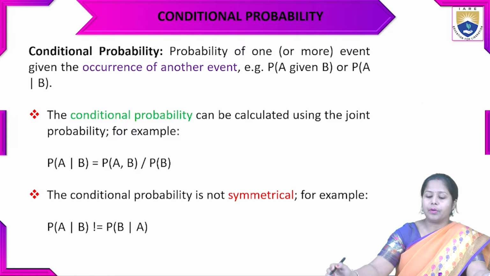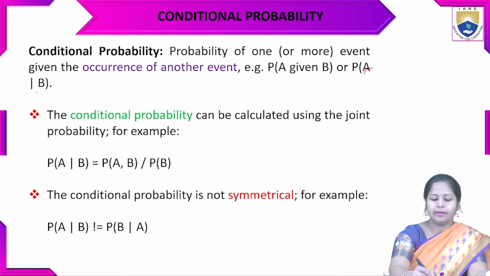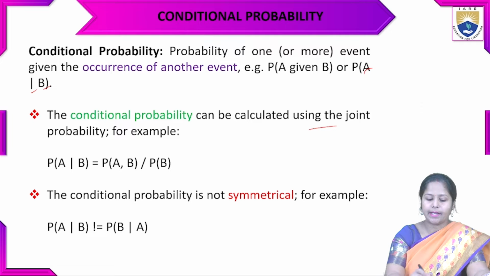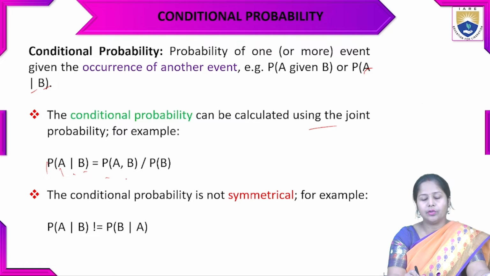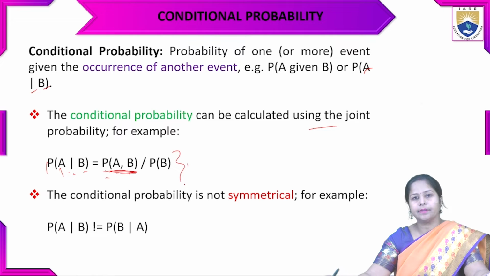We can also write it as P(A | B), with the vertical bar sign meaning given B. The conditional probability can be calculated using the joint probability: P(A given B) is equal to P(A, B) divided by P(B). So that will be calculated like that.